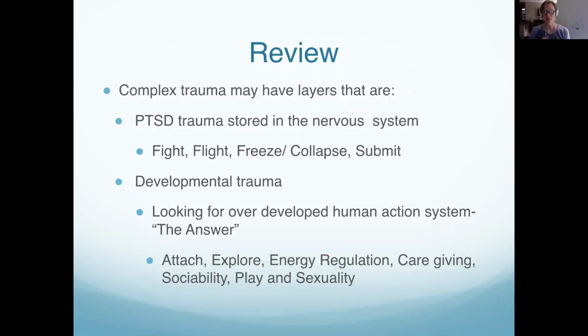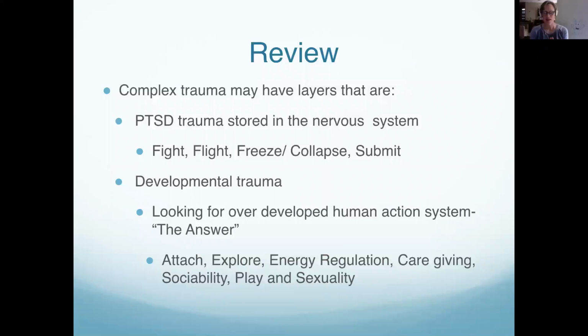And then we have also, at the same time, the layers of the developmental trauma. Those are the human action systems that got out of balance because people were adapting to their environment or trying to stay safe or connected to their caregivers. These are the areas we talked about yesterday that we're looking at. What's over or underdeveloped for people?